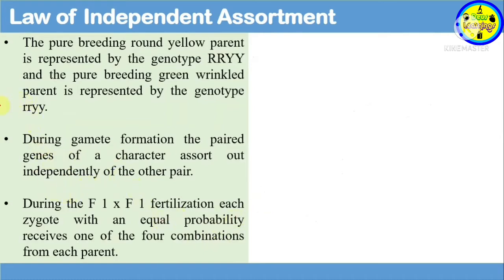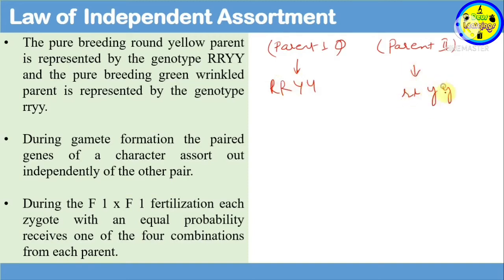The pure breeding round yellow parent is represented by genotype RRYY, and the pure breeding green wrinkled parent is represented by genotype rryy. So let's take parent 1 and parent 2. Parent 1 is represented by capital R, capital Y, and parent 2 is represented by small r, small y.